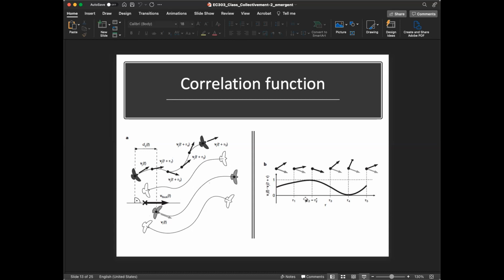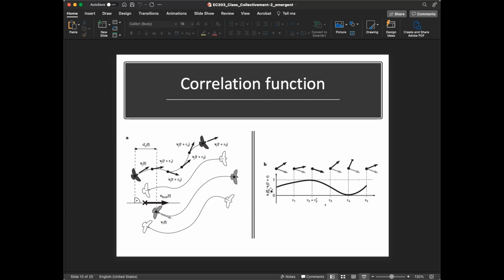What they are plotting in this panel B is as follows. They're plotting the scalar product of these two velocity vectors. You need to recall briefly the scalar product: if we have a scalar product between two vectors A and B, it becomes AB cosine theta.